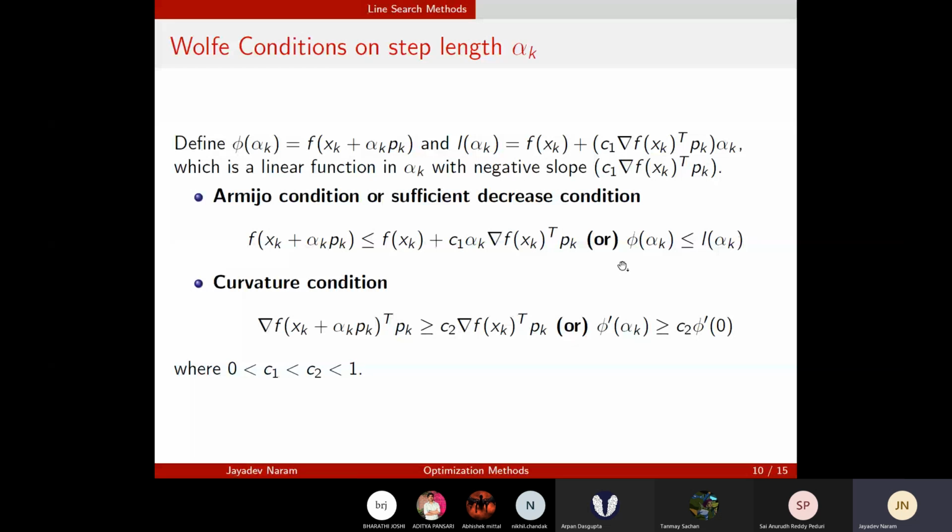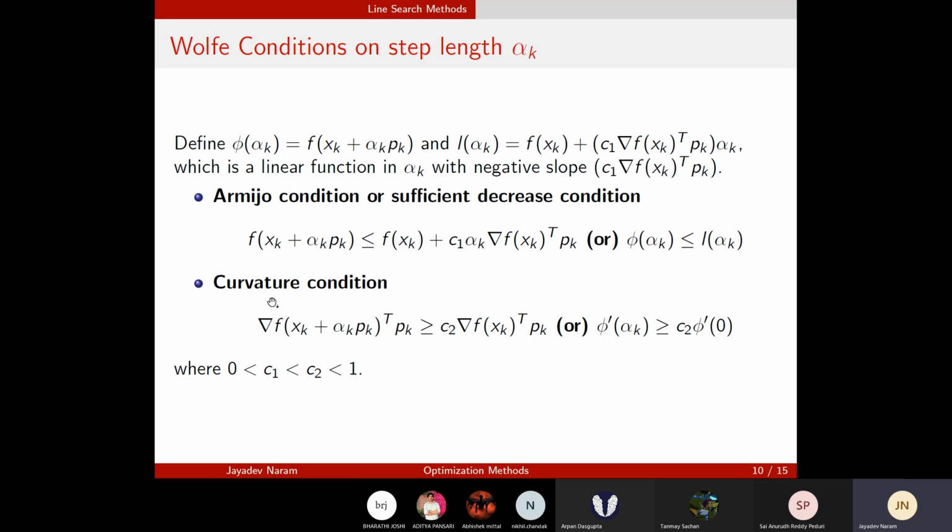So if you look at this condition from a pictorial point of view, the alpha k that we are choosing should be such that the function value is below the first order Taylor expansion at this alpha k. So that is what this sufficient decrease condition says.